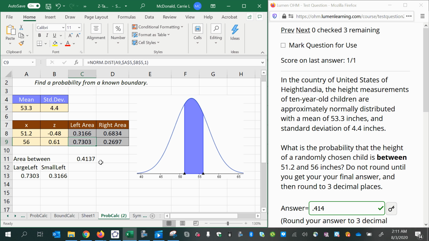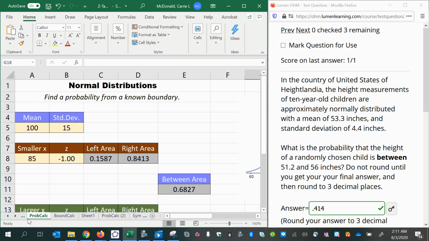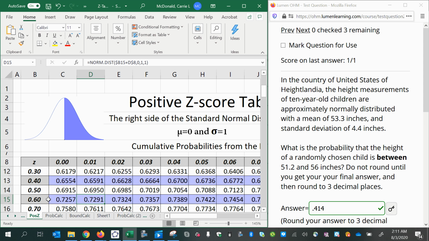Oh, that looks different than this. Is it 0.61? Let's look it up again. Why is that different?